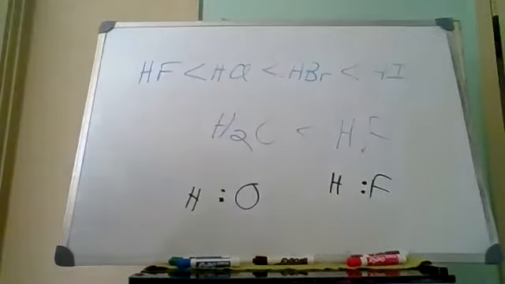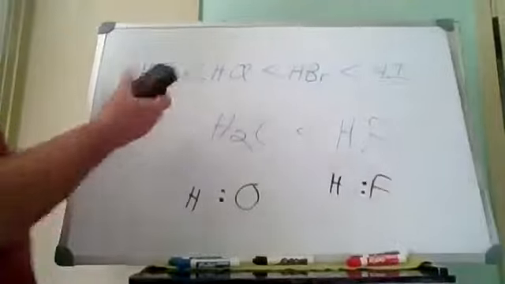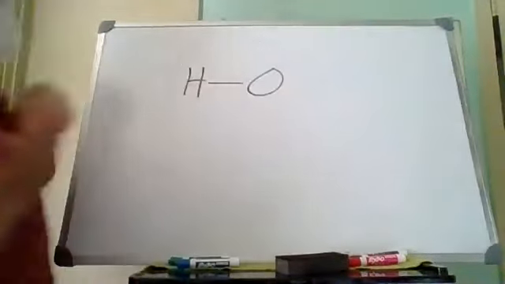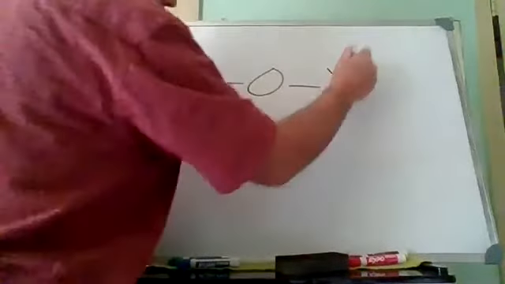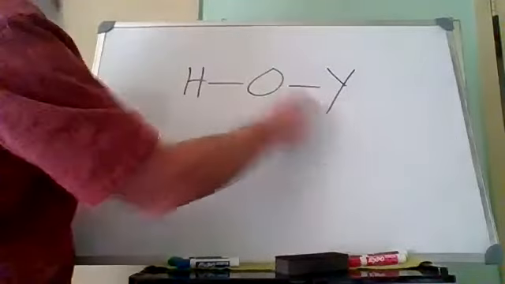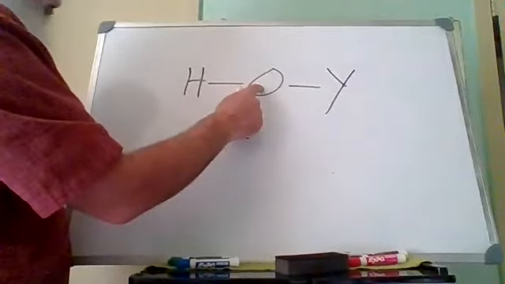Here, let's draw this up on the board, even though I just said I wouldn't. So again, there's the acidic proton. It's always attached to an oxygen in these oxyacids. And then the oxygen is attached to another heteroatom. Now we know oxygen is rather electronegative, right?